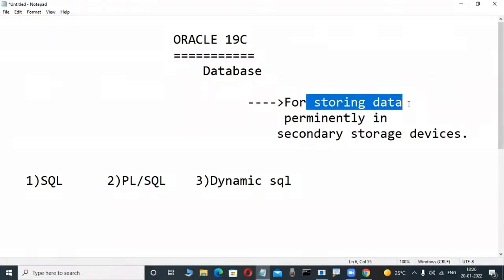But that is absolutely wrong. Not only storing data, so many things are there. Actually, databases are not only for storing data, but also for efficient retrieval of data, which is important. Suppose, for example, observe the screen.